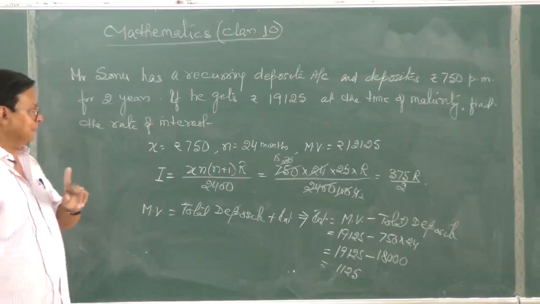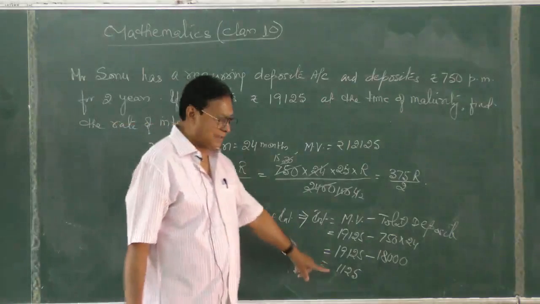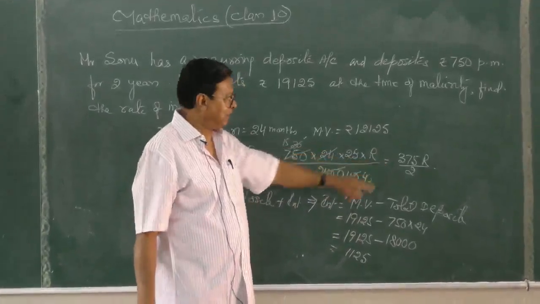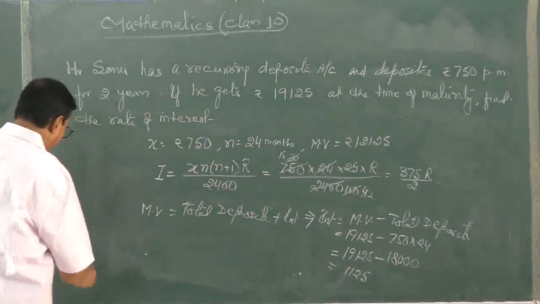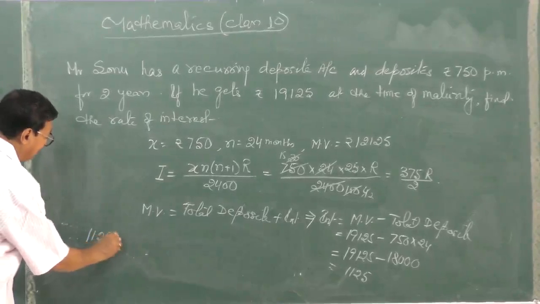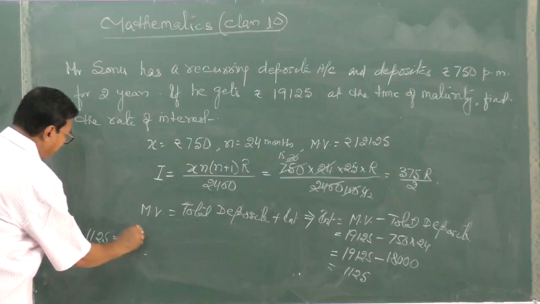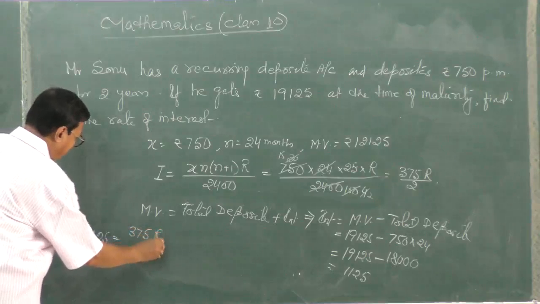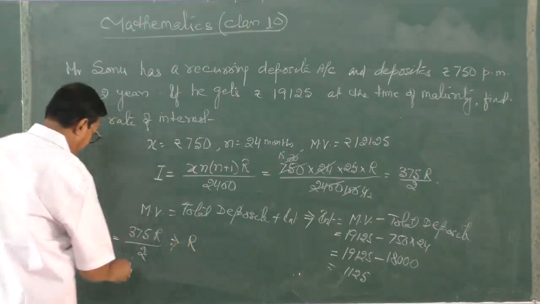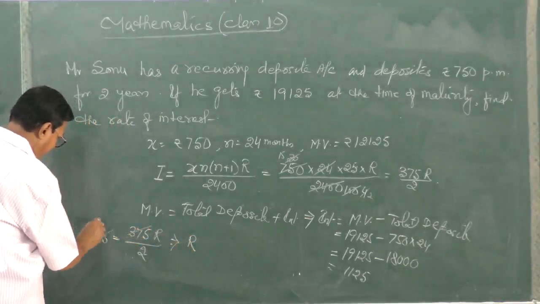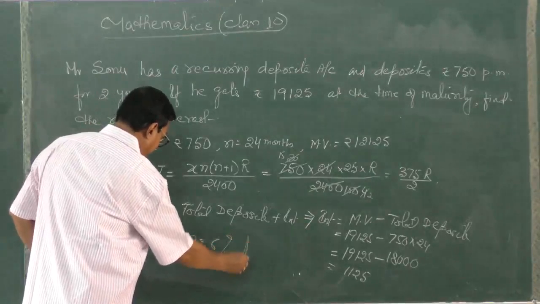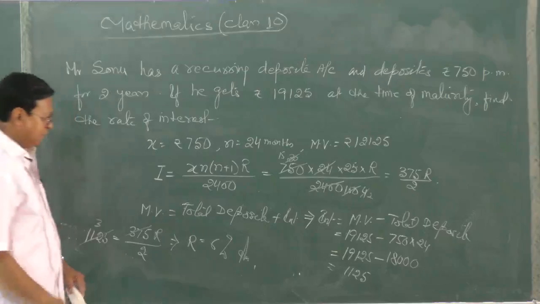So I have calculated interest at two places. Here the actual interest, here the interest which we have calculated. So therefore 1125 is the interest is equal to that, so that's the answer.